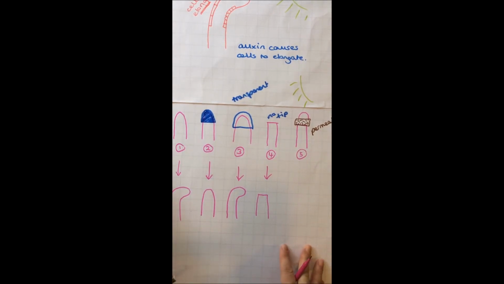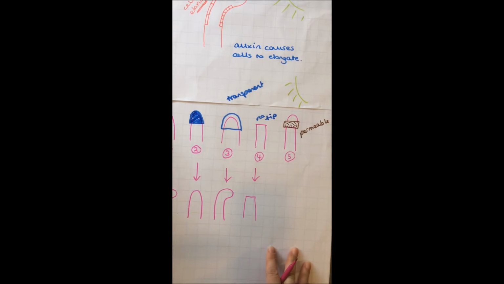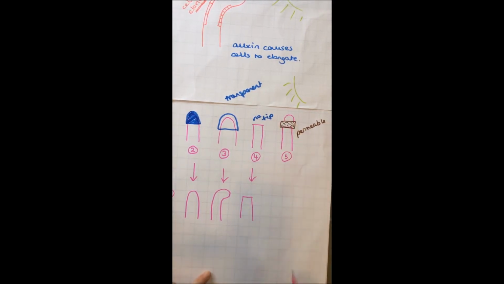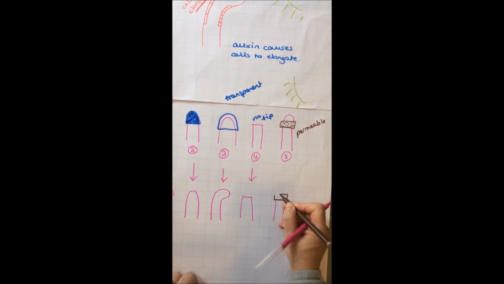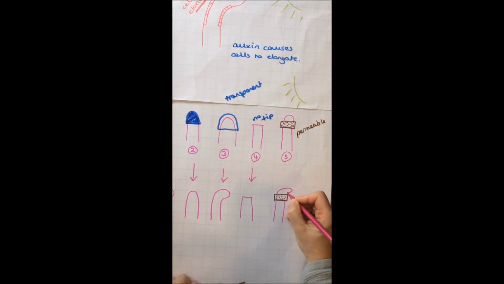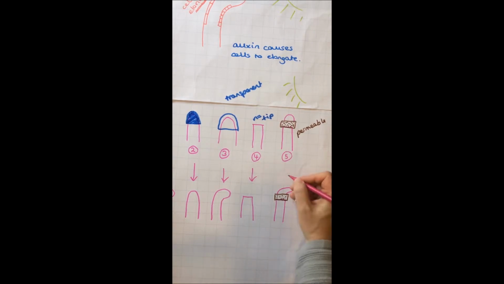Now, because this gel is permeable, the hormone is able to pass through. So the auxin made here would pass to the dark side, and we would expect the shoot with its block on the top to bend as usual because the auxin is able to diffuse through to the dark side of the shoot.